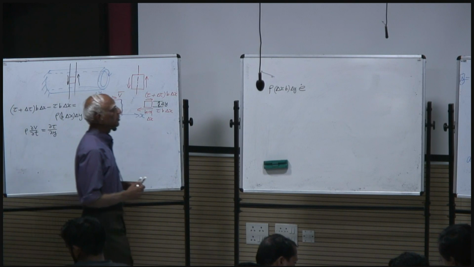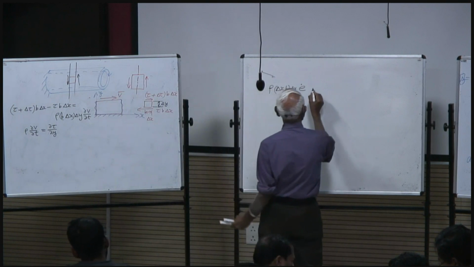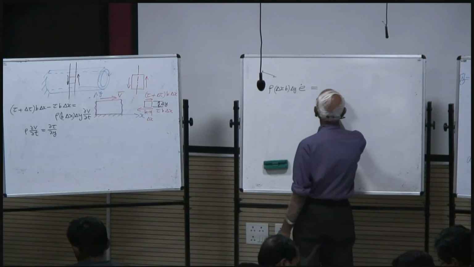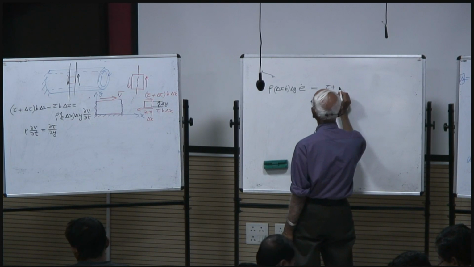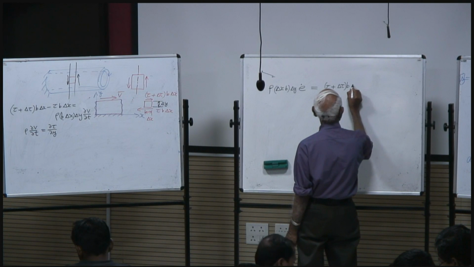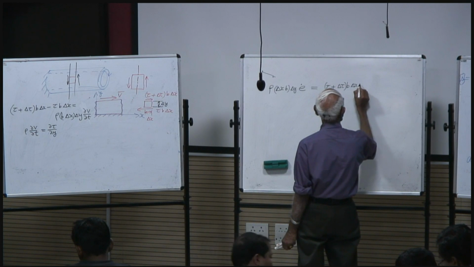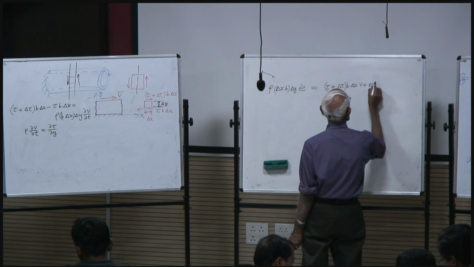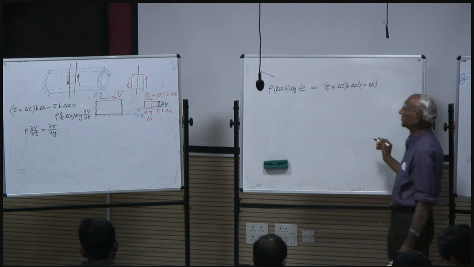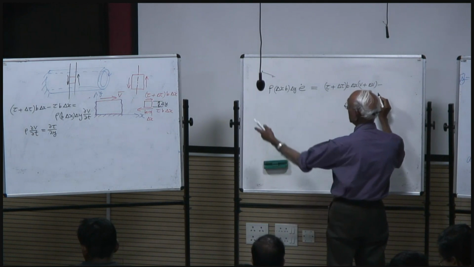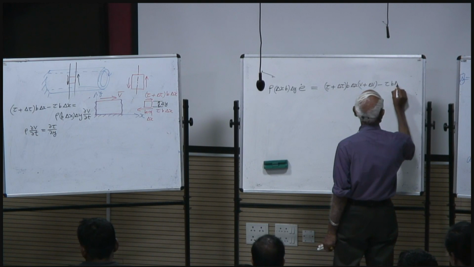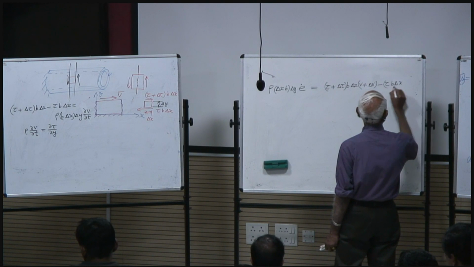That should equal the work done by external forces, which is tau plus delta tau times b delta x times v plus delta v, if the velocity at the top is v plus delta v, minus at the bottom tau b delta x times v.